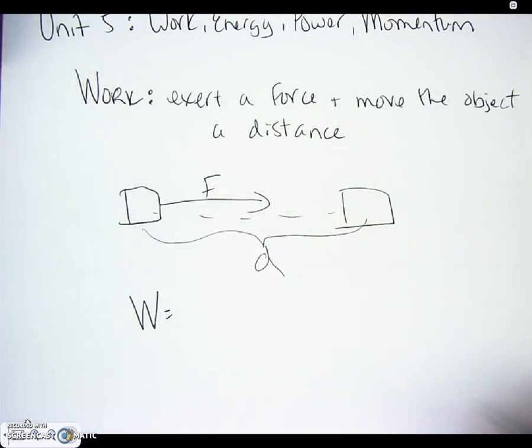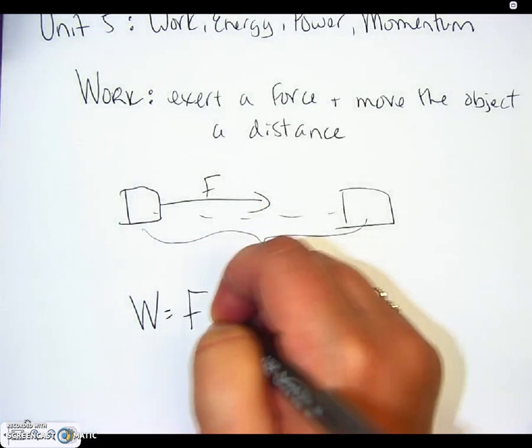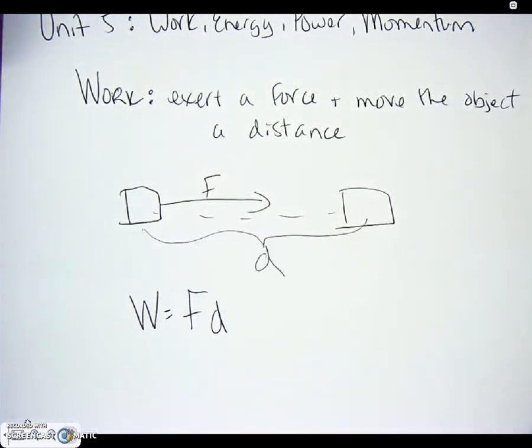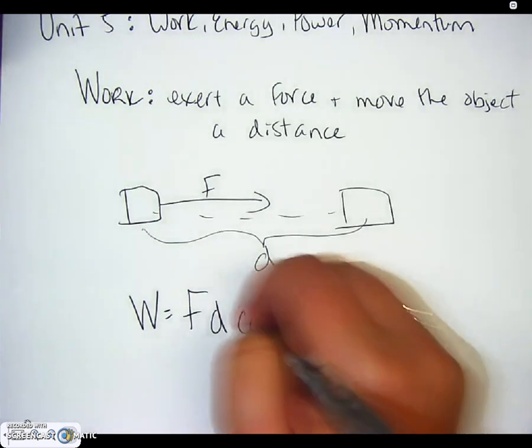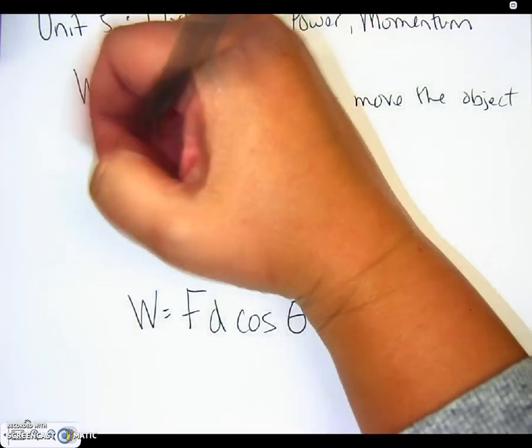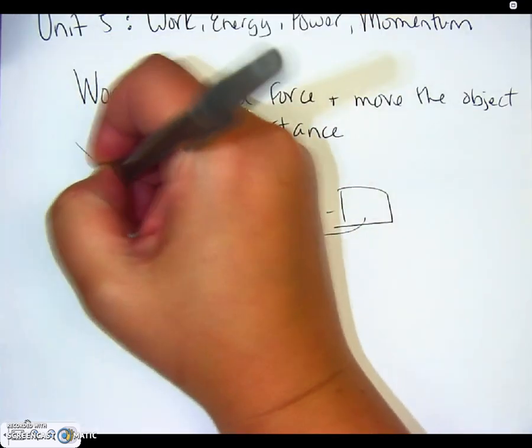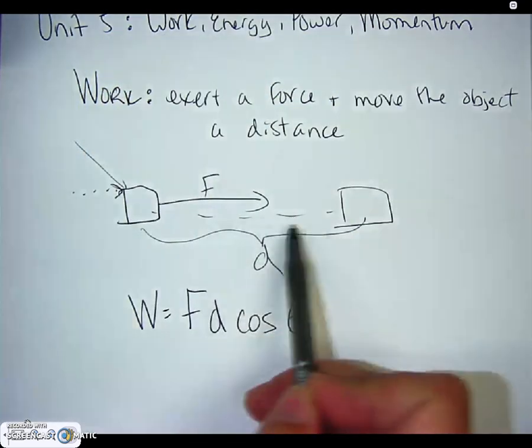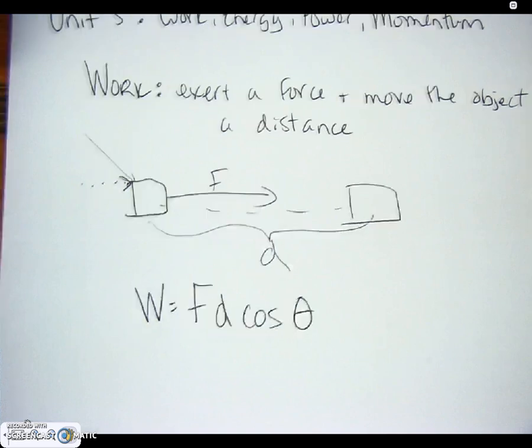So work is said to be force times displacement, and it's actually only the force that's in the same direction as the displacement. So we put a little cosine theta there in case our force were to come in at some sort of angle. We would only use the component that goes along with the displacement of the object.